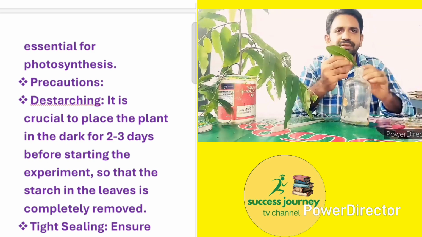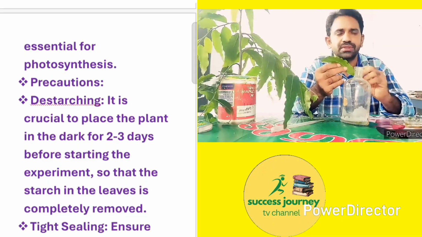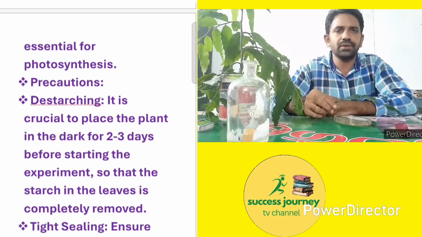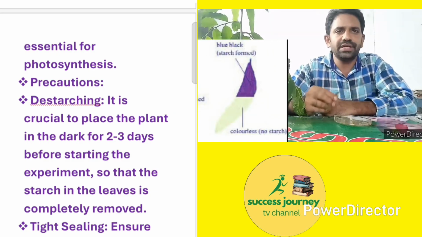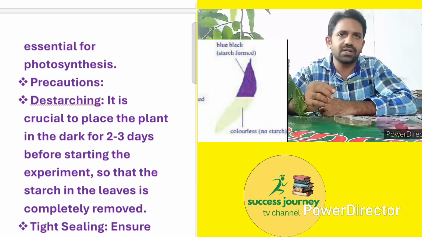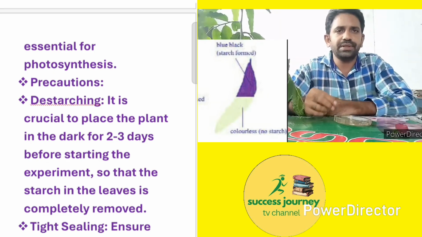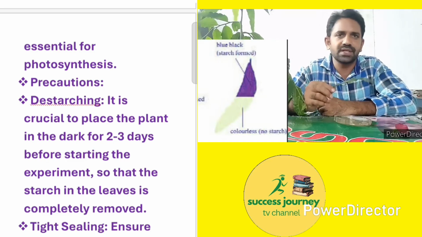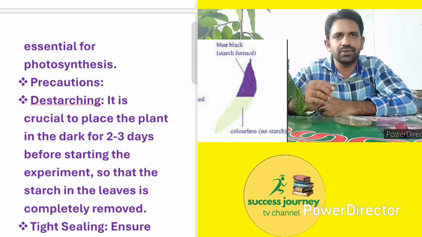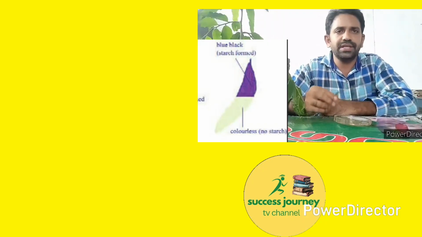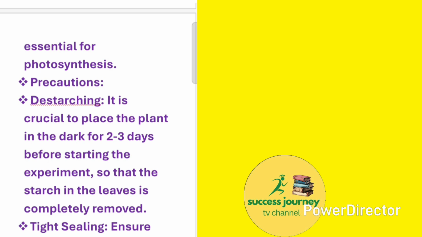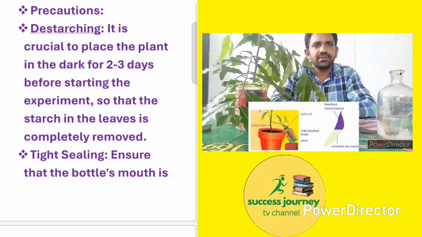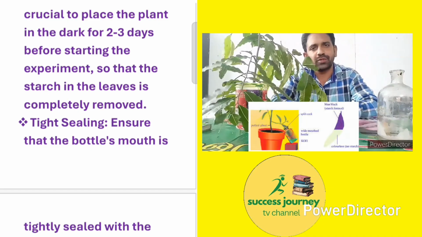In this process, when we keep the potted plant in a dark room for nearly 2-3 days, the entire starch present in the leaf is completely consumed by the plant, and also no photosynthesis takes place due to the unavailability of sunlight.